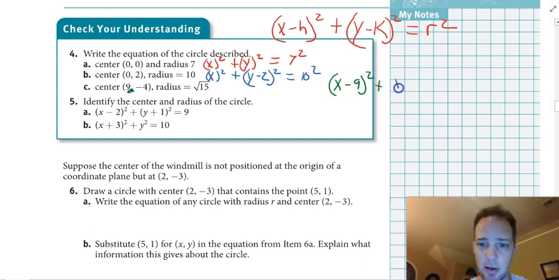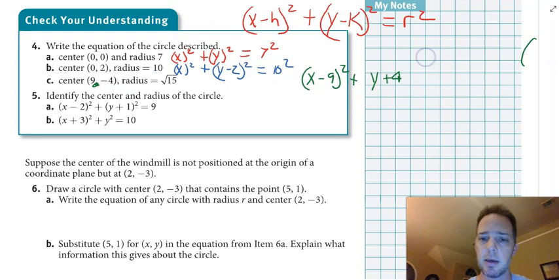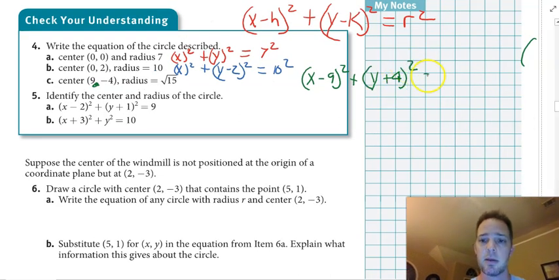So for this one, I get y minus negative 4, which I could write as plus 4. Remember, if you have y minus negative 4, the minus the negative cancels out, and you can write it as y plus 4. So y plus 4 squared equals, and the square root of 15 squared does just equal 15. So the square and the square root cancel out.